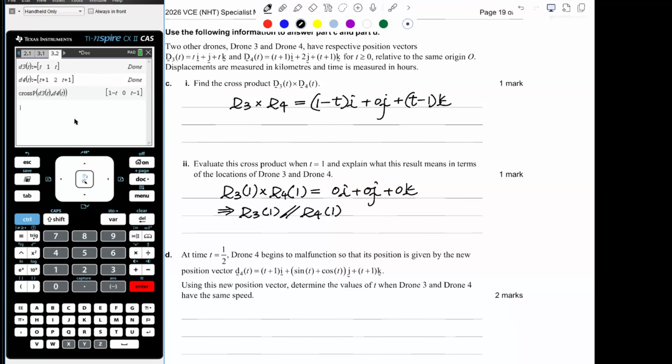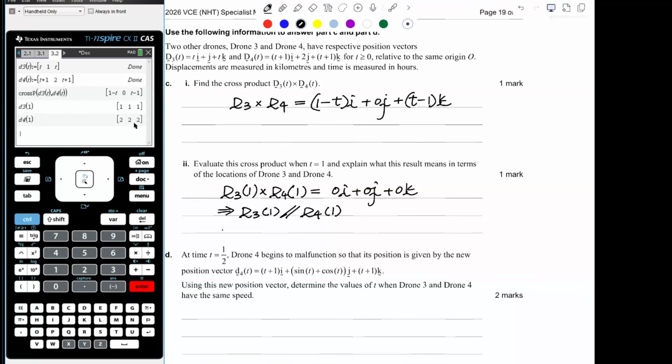And then, in terms of the specific locations, I'll put a 1, 1, 1 here and a 2, 2, 2.